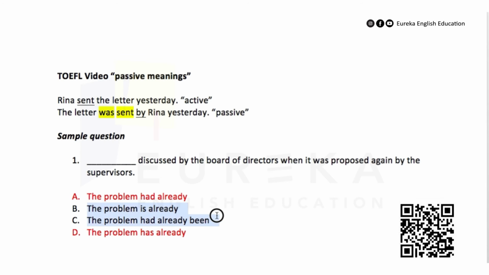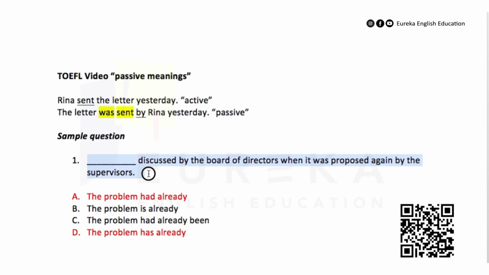So it comes down to these two options, B and C. The difference between these two options is that in option B the form of the verb is present, and in option C the form of the verb is past, had been discussed.